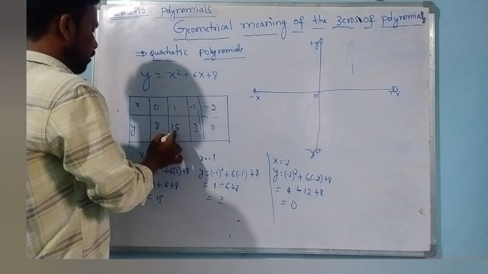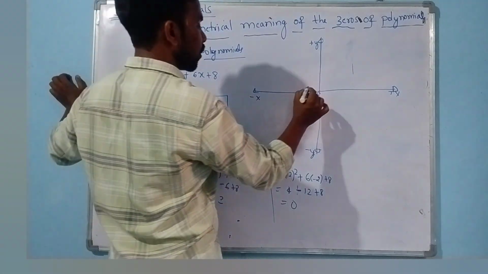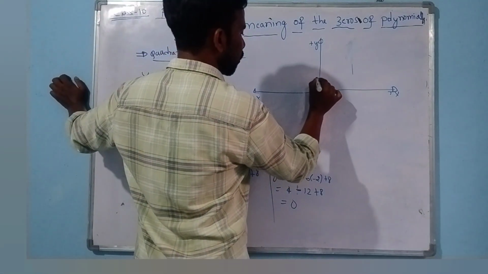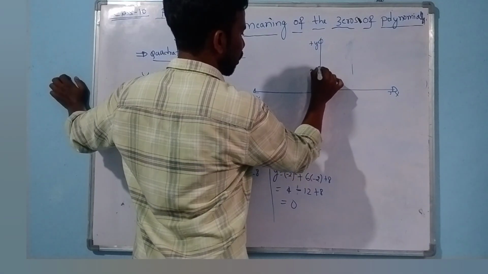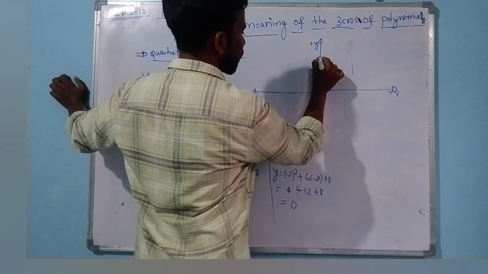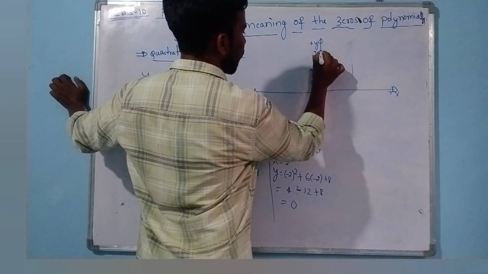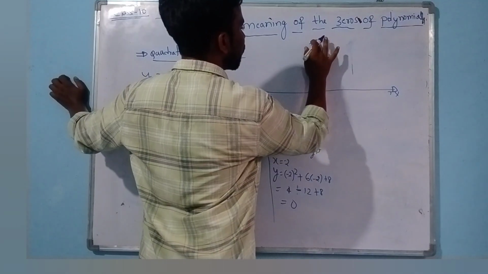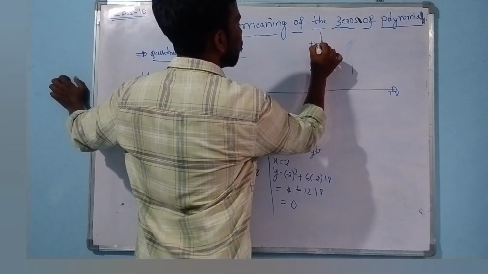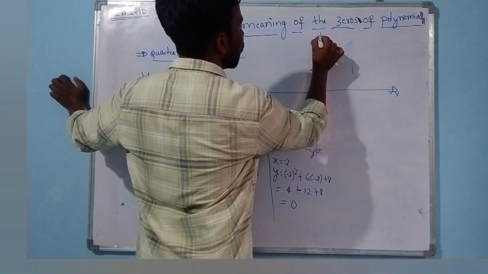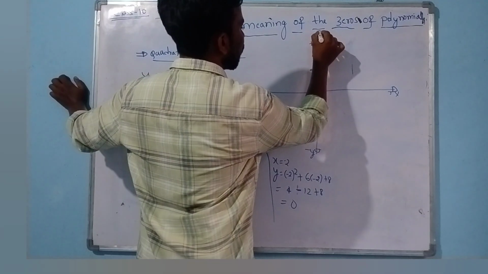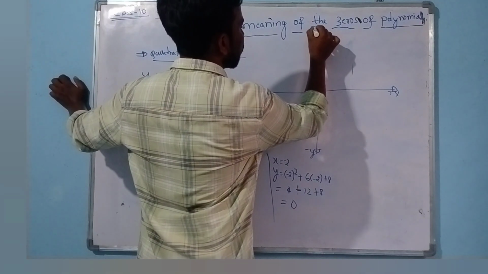Here the highest value is 15. 1, 2, 3, 4, 5, 6, 7, 8, 9, 10, 11, 12, 13, 14, 15.